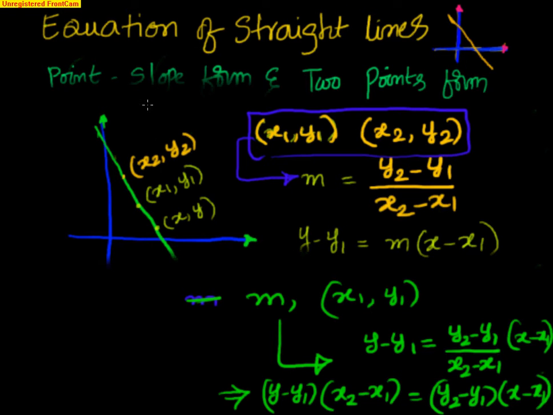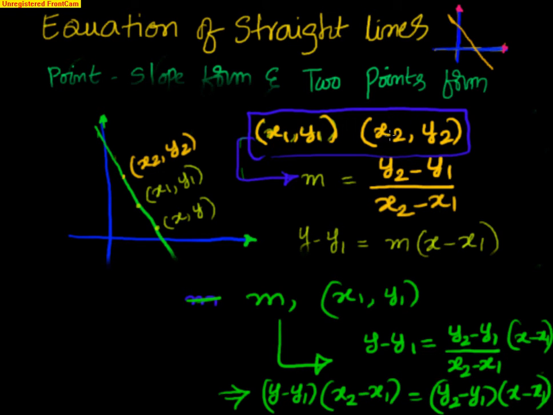Let me repeat again. Point slope form, we have a point, we have slope. 2-point form is just an extension of point slope form. Here we haven't been given the slope directly, but we can find out the slope since we have been given 2 points. If I know 2 points, I know my slope is always equal to delta y by delta x.